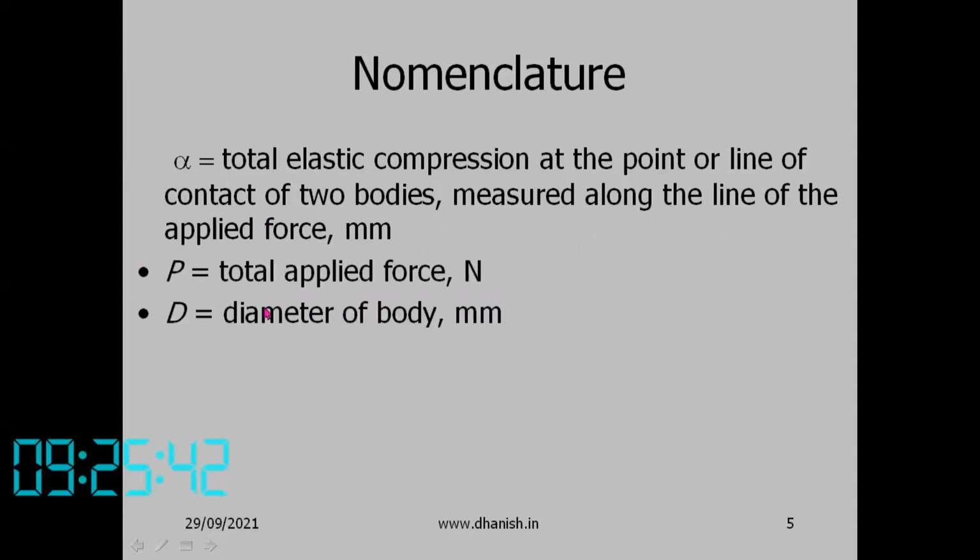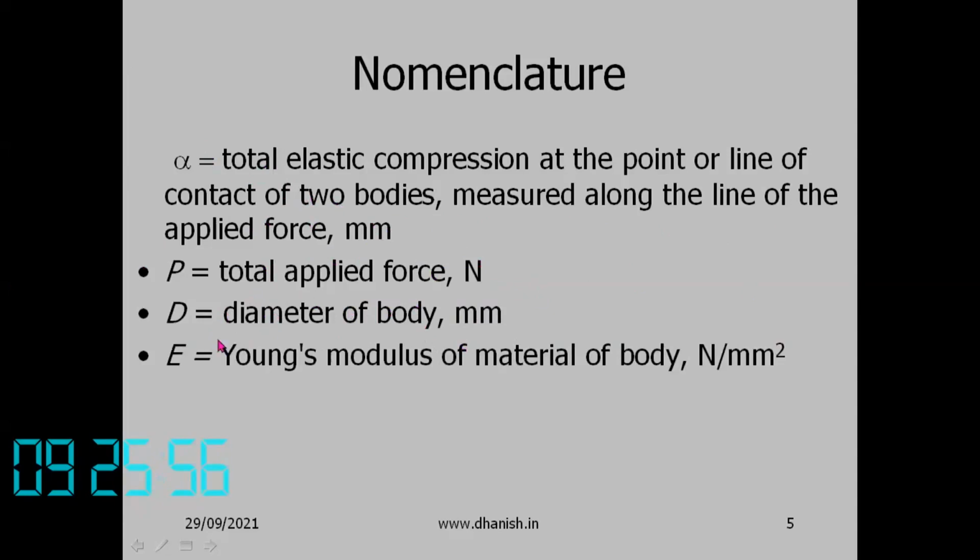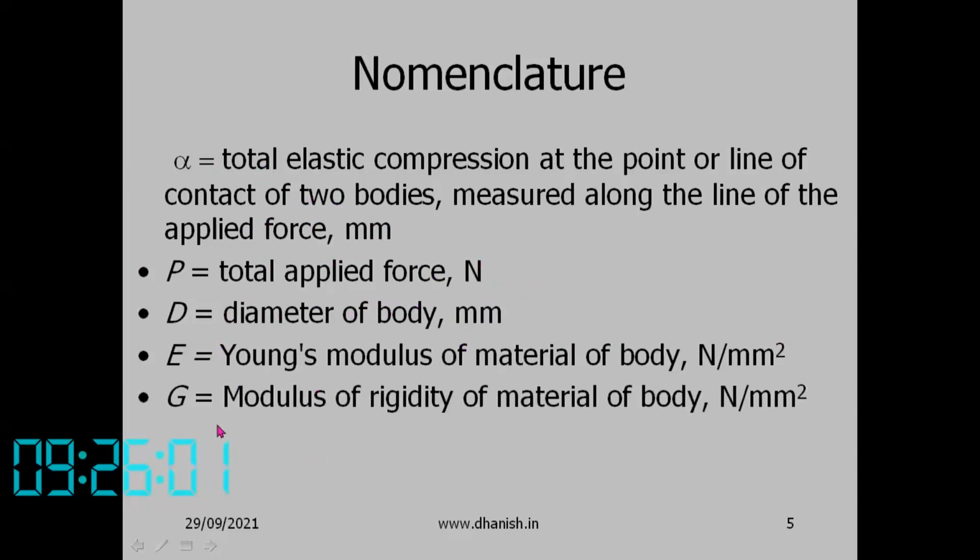P is the total applied force in Newton. So alpha is in mm, P is the force in Newton. Please note this: Puttock and Thwaite's table uses Newton and millimeter. D is the diameter of the body, in mm. E is Young's modulus of the material, in Newton per mm square. G is the modulus of rigidity of the material of the body, again in Newton per mm square.